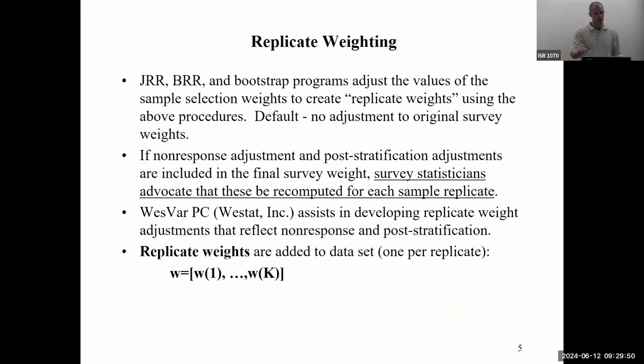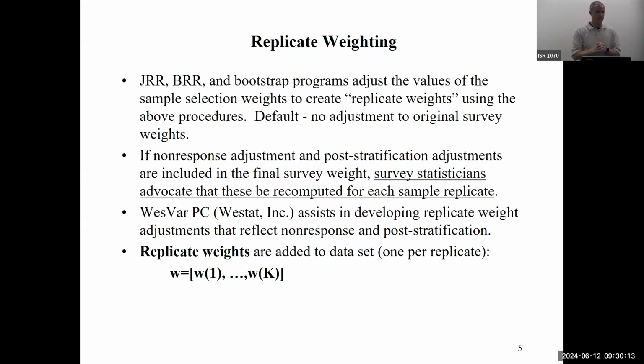Theory suggests, though, that every single replicate weight formed again should reflect the same population and have the same adjustments applied. Non-response, post-stratification, or some form of calibration, those adjustments should be applied to each of those replicate weights, in addition to whatever adjustment was applied given the way that the replicate was formed. Okay? And we're going to talk about the software that can do that. Okay?